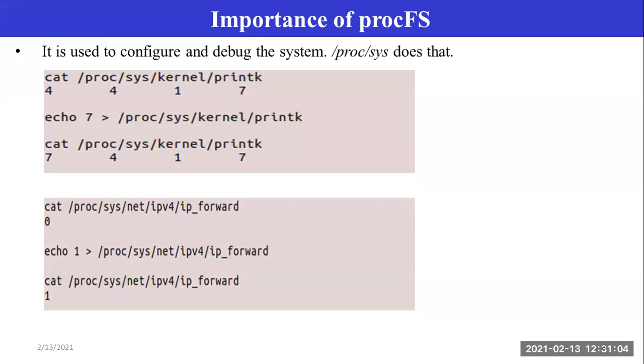Now, by default, as you can see, if I check the current log level of printk, it is 4. That means the log levels whose values are between 0 and 4 would be visible in the console. Others will not be visible because those are debug messages or information messages that you are not interested in currently because the system is running quite okay.